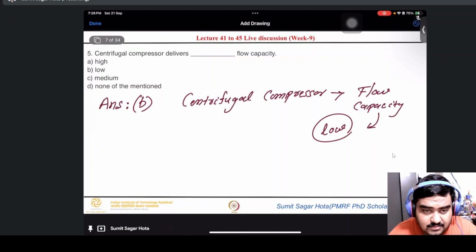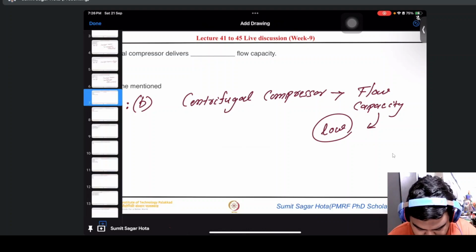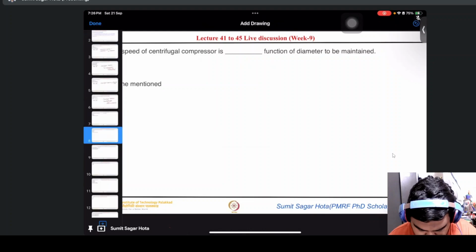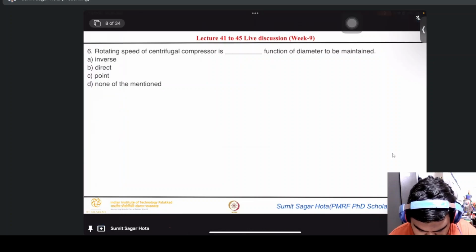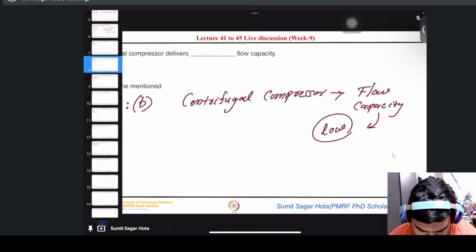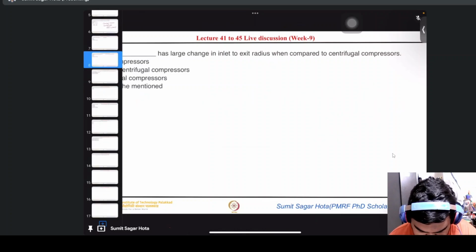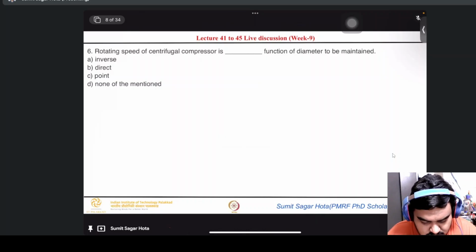So the centrifugal compressor delivers a low flow capacity. So this is a disadvantage of the centrifugal compressor. The rotating speed of a centrifugal compressor is dash the function of diameter to be maintained. It's inverse.